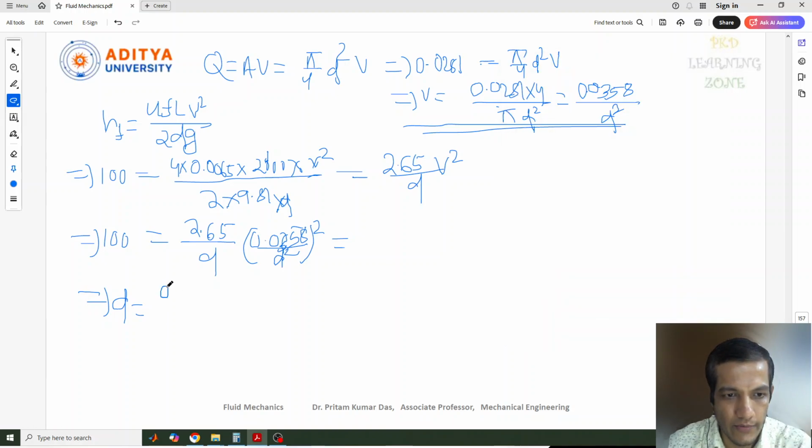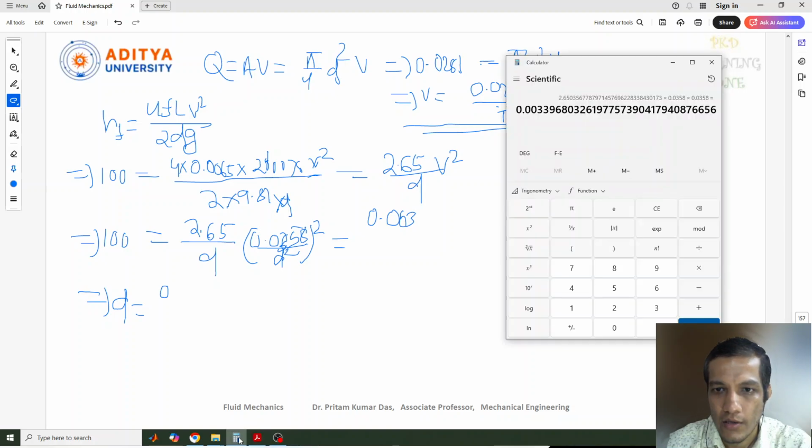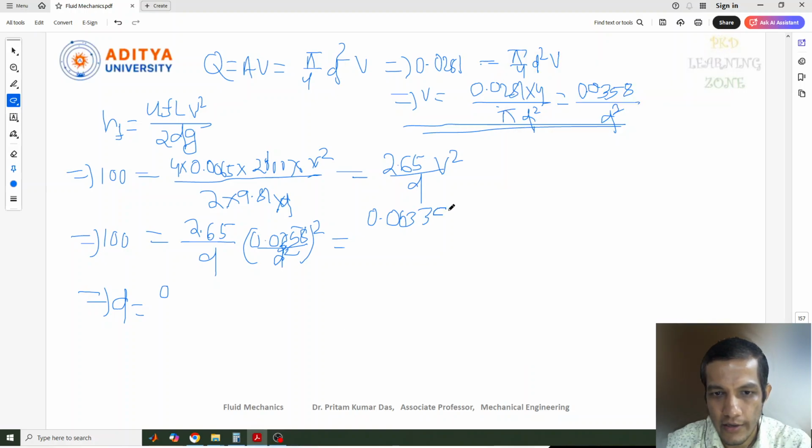So let's write down this value. Now here I'll write 0.00339 divided by the denominator, what will be D squared and to the power square, D4, and this is D to the power 5. So this is the value.